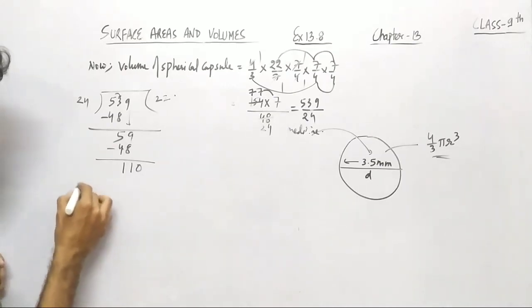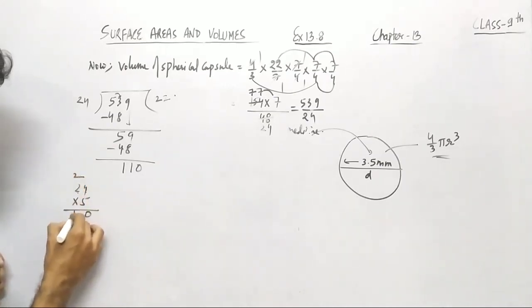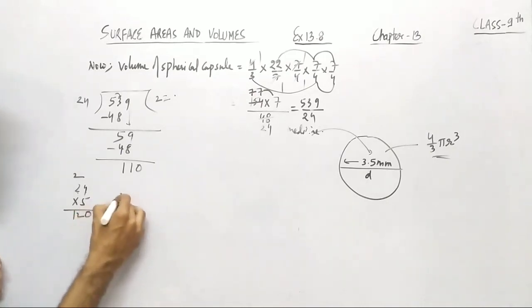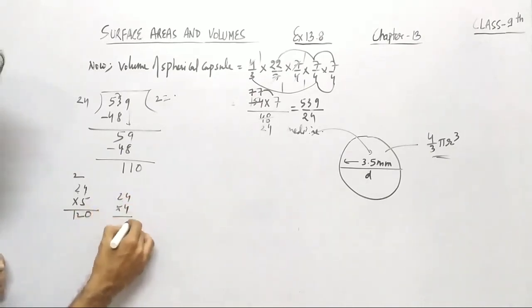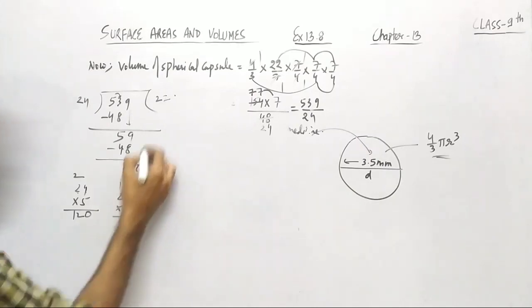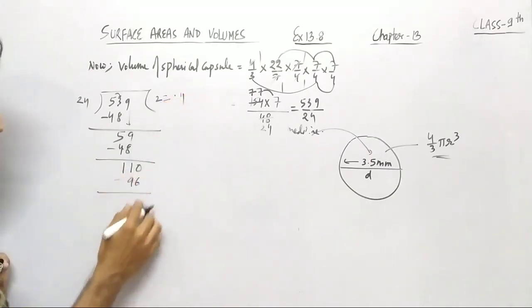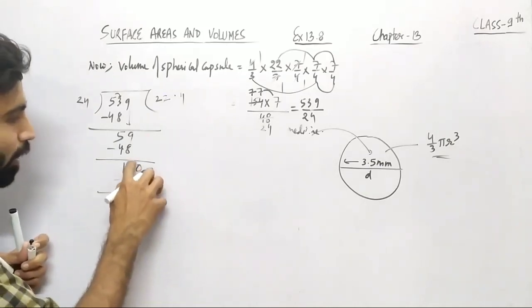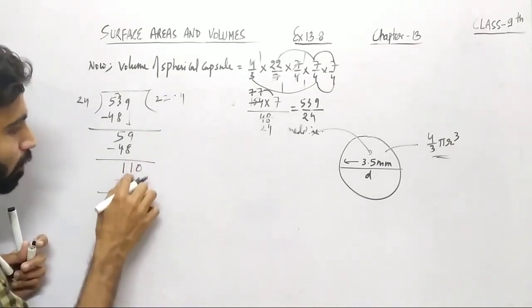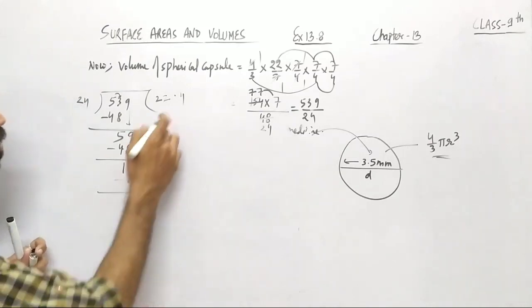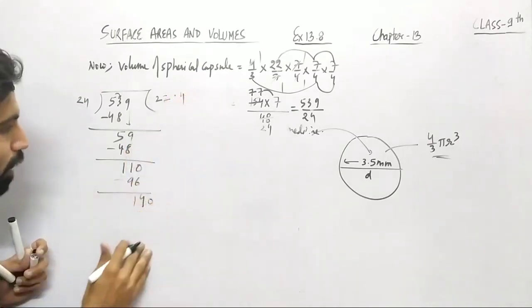So 5 4 is 20, 2 carry, 5 to 10 11 12, so that will become greater. So what it will be is 24 into 4, right? So that will be, you can see 96. So 24 4 ja, you can see 96, right? So if I reduce this, so that will be 10 minus 6, that is 4, so there will be 14, right? So now you can see again decimal will bring 0 here.